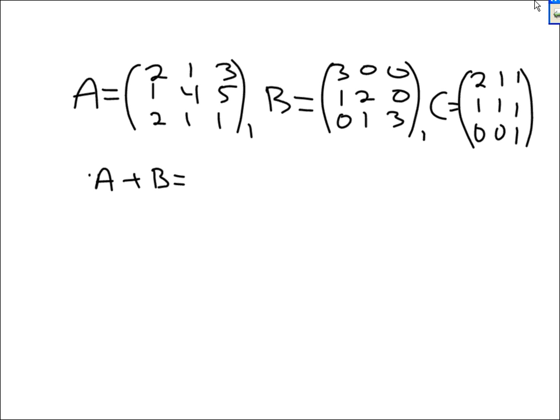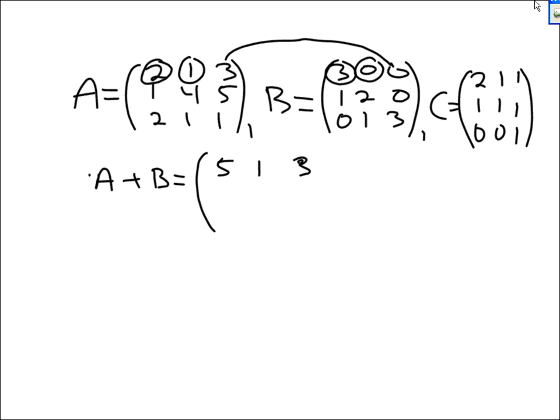It's very, very simple. You add them component-wise. You add the 2 and the 3 in the 1, 1 position, and you put that result in the 1, 1 position. Then you take the 1, 2 position and add them up: 1 plus 0 is 1. 3 plus 0 is 3.